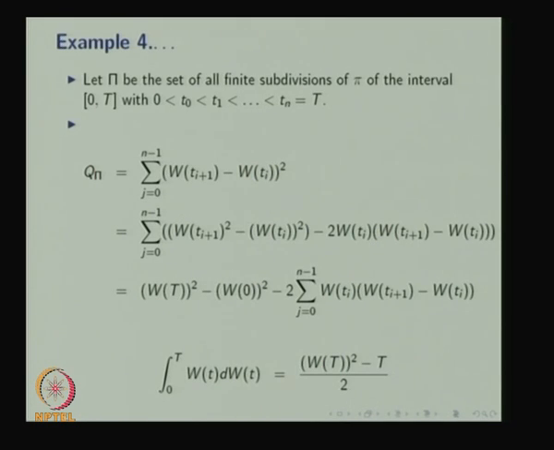What I am going to do here is, let Pi be a finite subdivision of the interval 0 to capital T. First we will find Q of Pi. That is different from what we want.